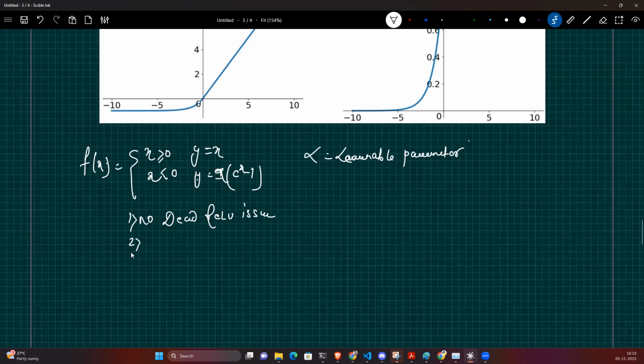Number 2, the mean of the output is close to 0, which means it is zero-centered. So the output will be zero-centered.